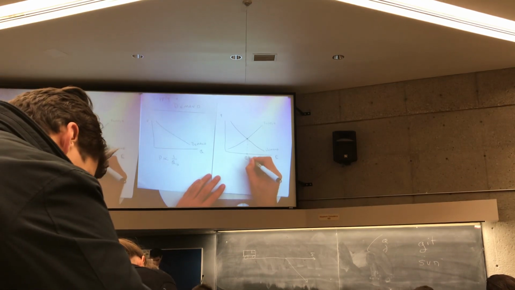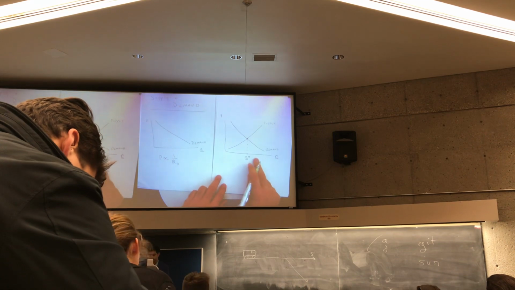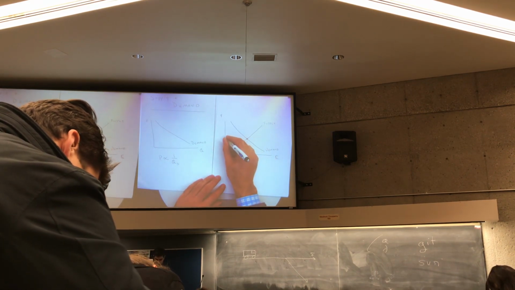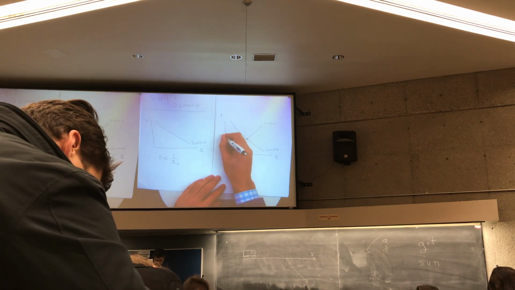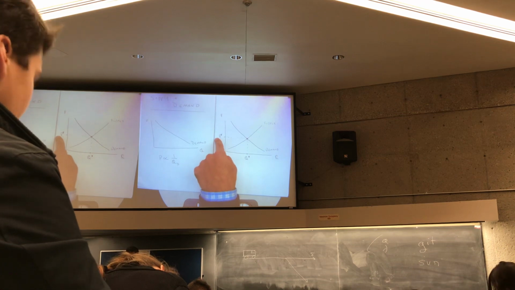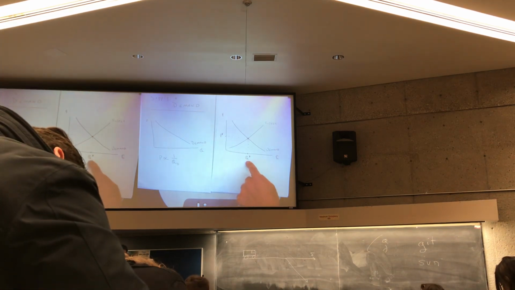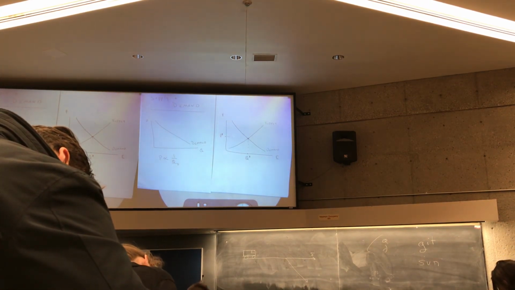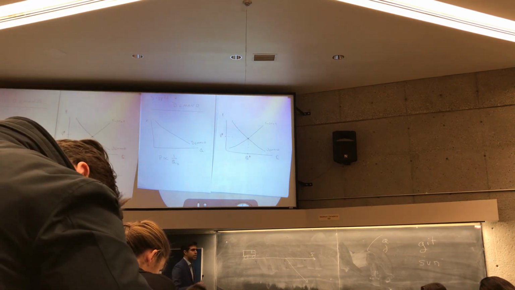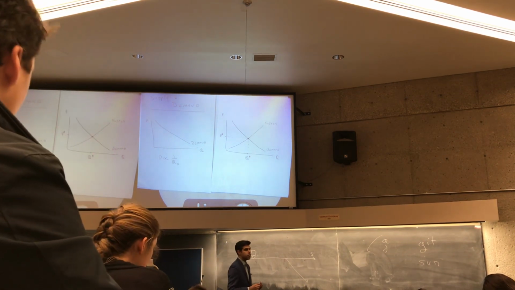This is designated with a little asterisk. P star, Q star. This is the equilibrium price and the equilibrium quantity.